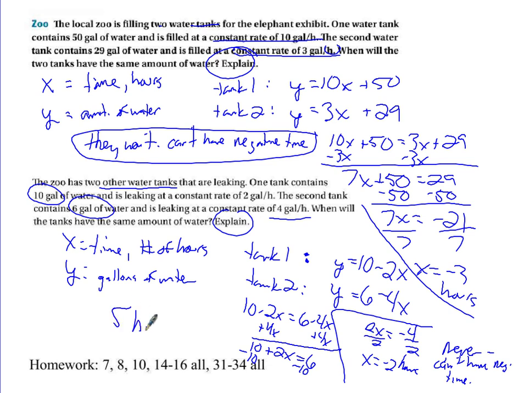So they could give you an answer like that if this is a multiple choice test. And then you would have to reason your way down to getting the correct answer of 5 hours. Because in the real world, 5 hours is the right answer. In the world of math, we get negative 2 hours, which doesn't work. All right, so a little bit of extra thought there. It's kind of important that you think as you do these problems.